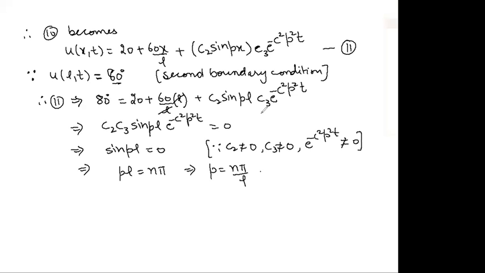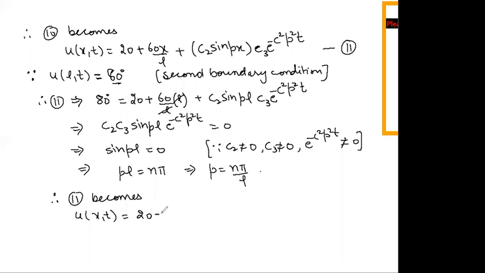So now we have found the value of this parameter P, and therefore 11 becomes u(x,t) equal to 20 plus 60 x by L plus C2, C3, which I will write as it is, sin px.